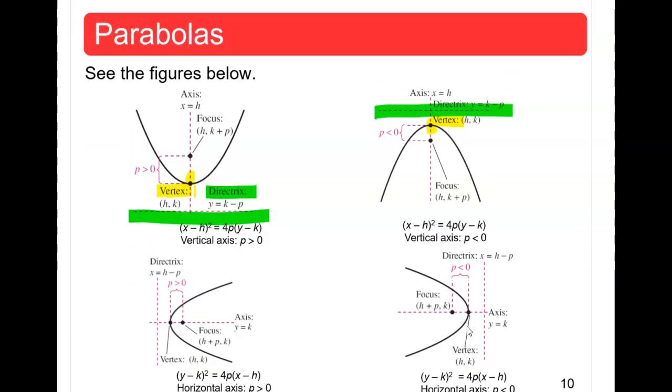Okay, so also here, there are some formulas that you need to take into consideration, and it depends what kind of parabola you're dealing with. If you are dealing with the top two parabolas, the focus is found with the same formula, as you can see. But if you are dealing with the sideways parabolas, then the way you find the focus is different.